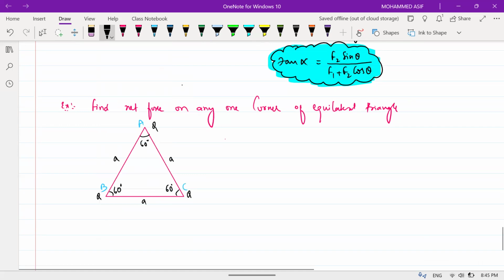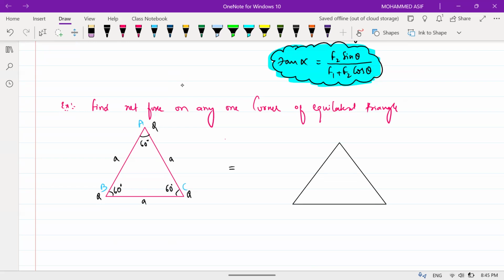Now, how many charges are there? More than two. Take any one corner, beta. Which corner do you want to take? Okay, we'll take B as the corner. If I take B as the corner, can I draw the diagram like this?